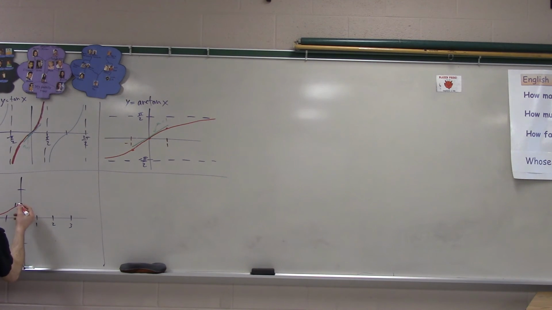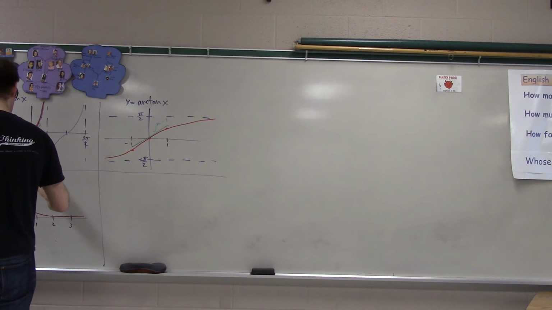The slope's getting smaller, and this is going to be a positive number forever. So, just like it's laid out on your paper, this is my guess for the derivative of arctan. The derivative should look like that.